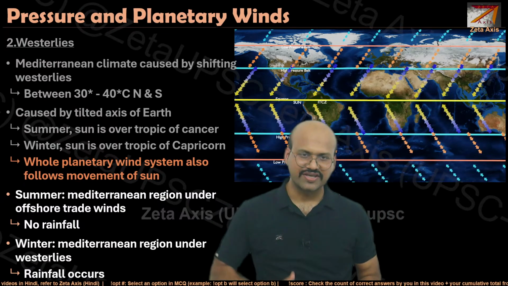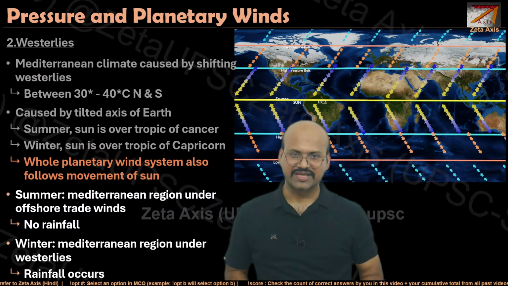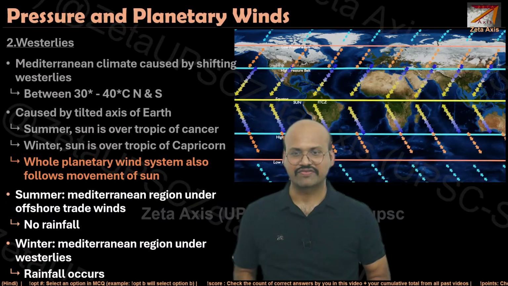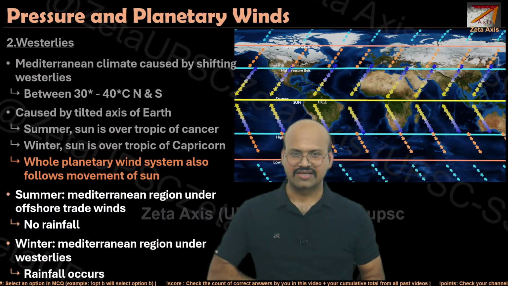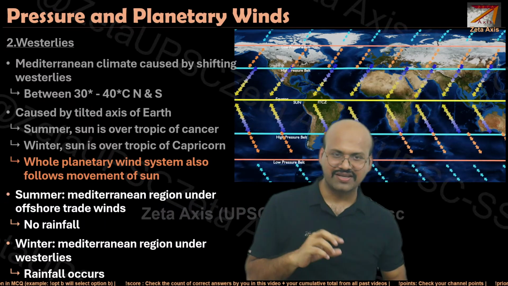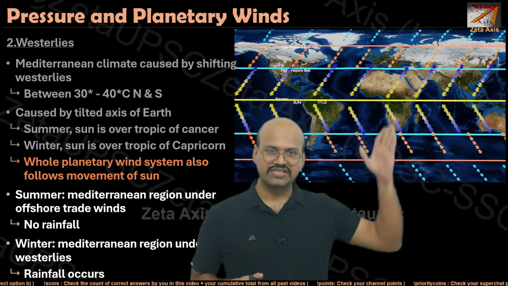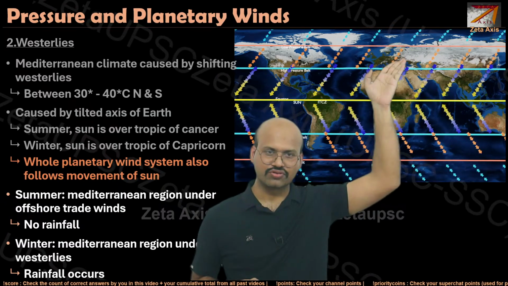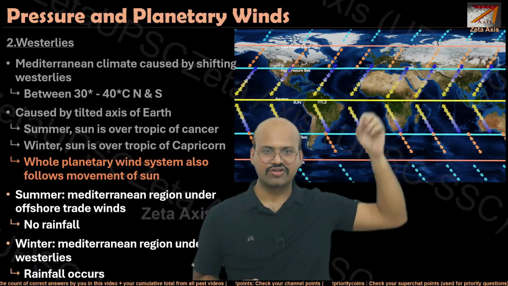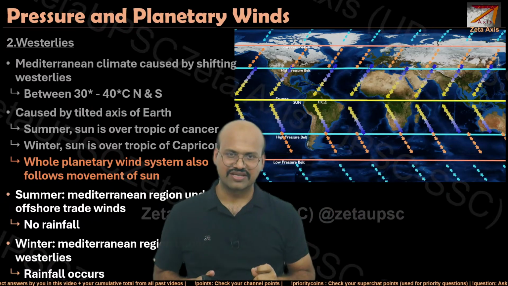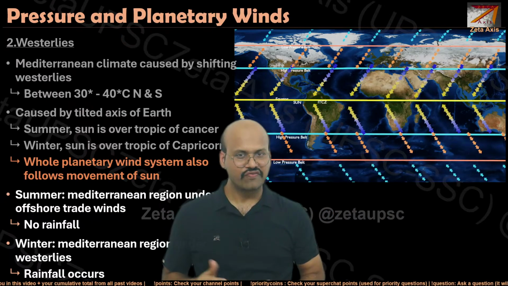So for half the year, the Mediterranean region will experience the trade winds, and for another half, they will experience the westerlies. That is why it makes a very distinctive type of climate, because in the winter you will see the westerlies, and westerlies are onshore. That is why they are bringing rainfall. Therefore, Mediterranean region will have rainfall in the winter season.